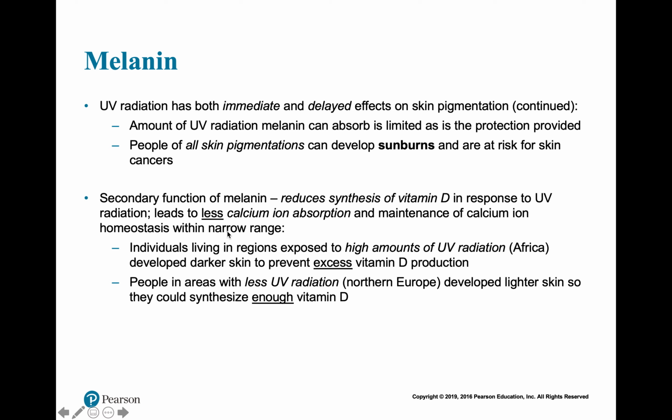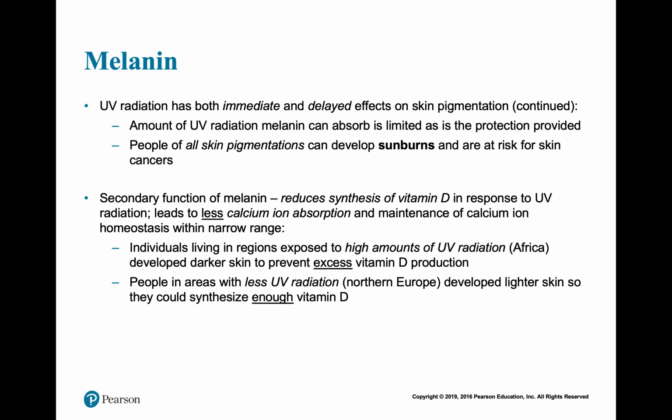A secondary function of melanin is to reduce the synthesis of vitamin D in response to high amounts of UV radiation. So that sounds counterintuitive, because earlier in the previous videos I was talking about how vitamin D is necessary for calcium absorption, and we want vitamin D, but too much of a good thing is bad.